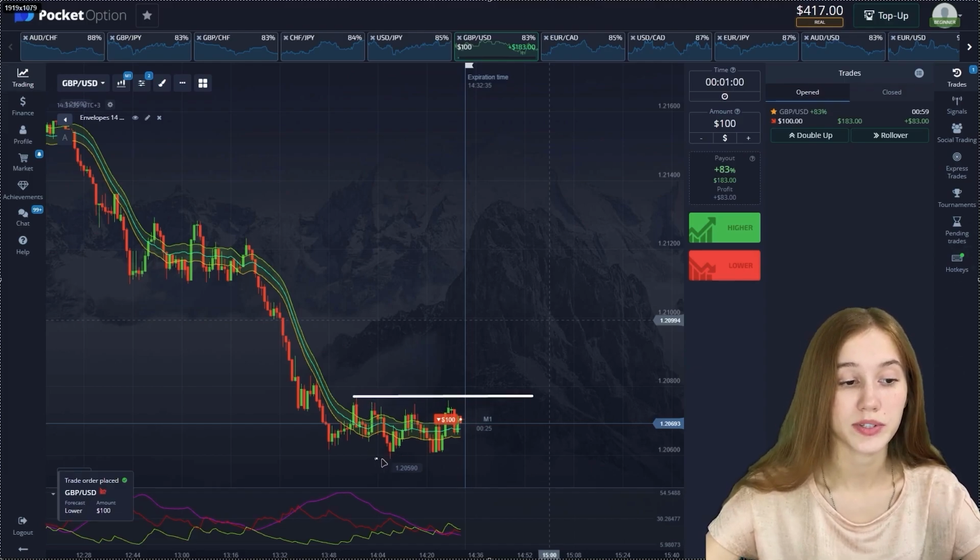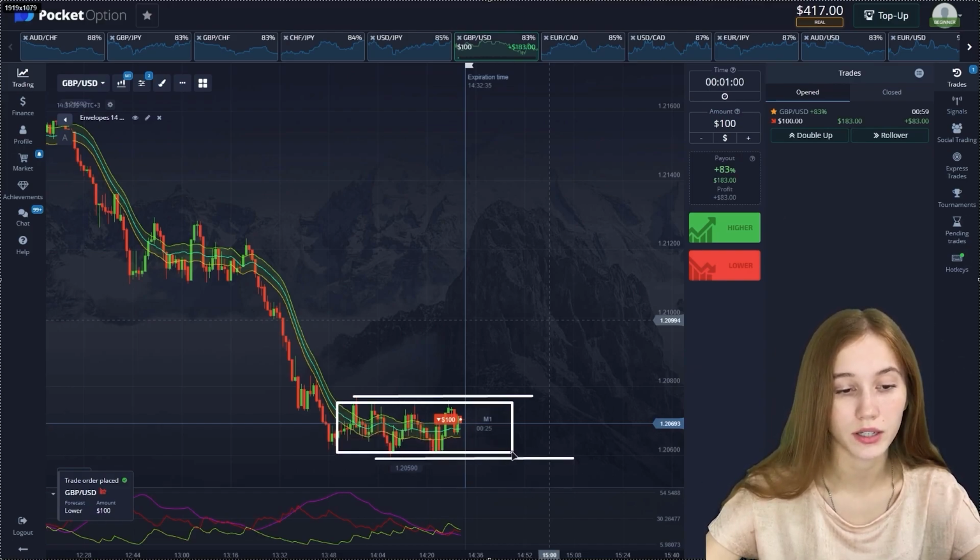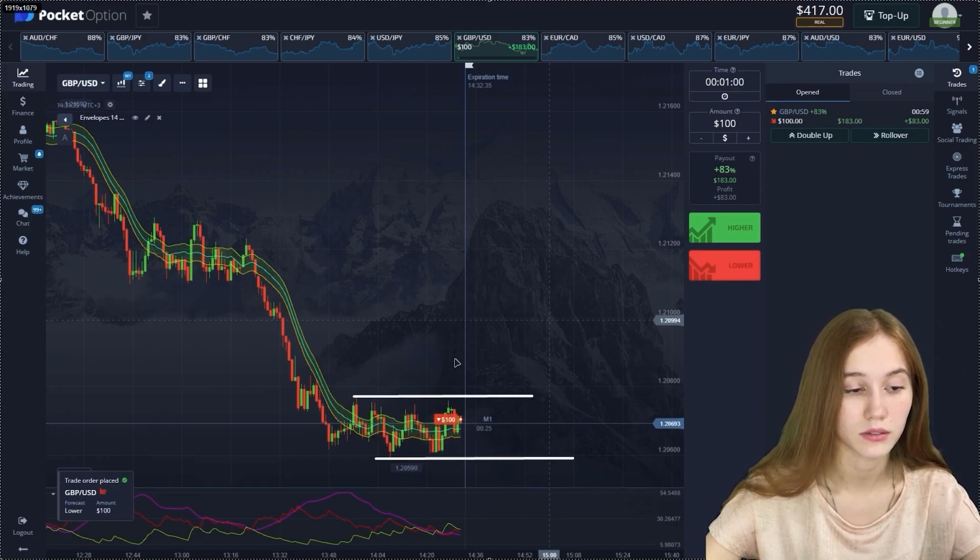Some consolidation we see. According to ADX, the purple line shows that the intensity is growing. So that's okay.